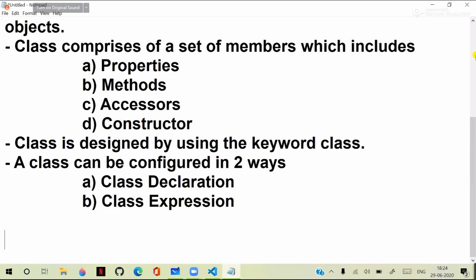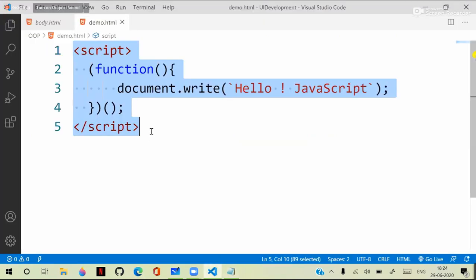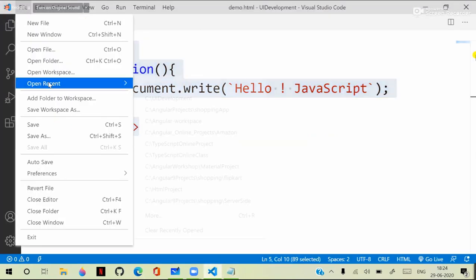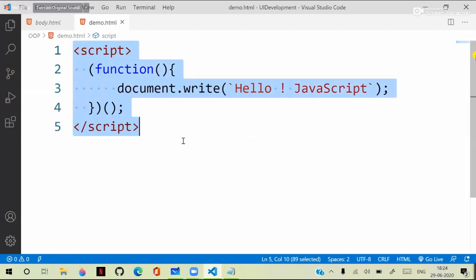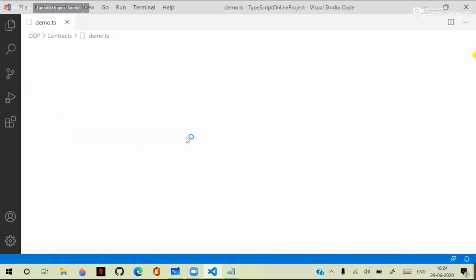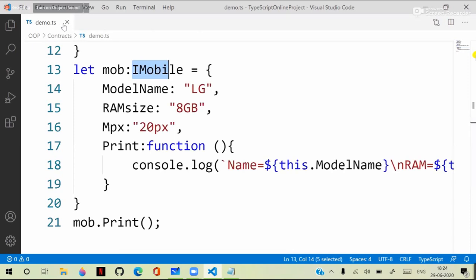What is the difference between these two? I will show you. Let's see class declaration first.